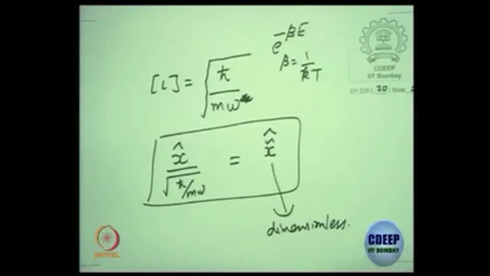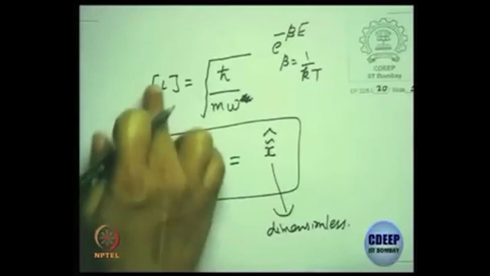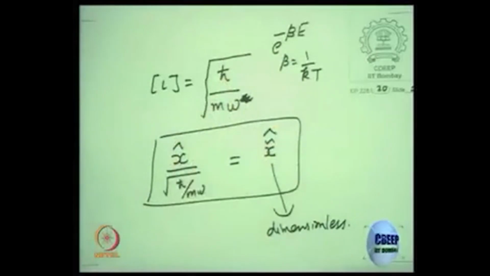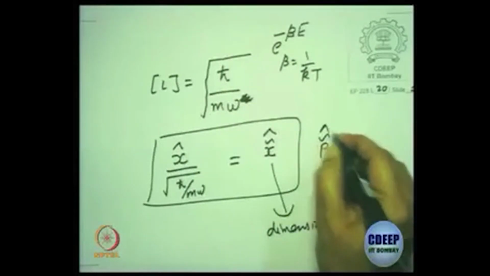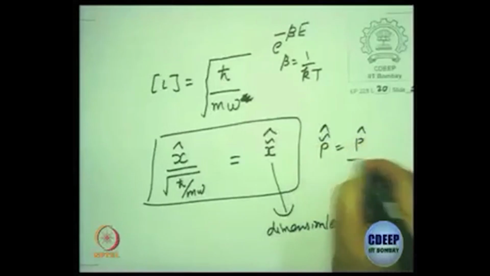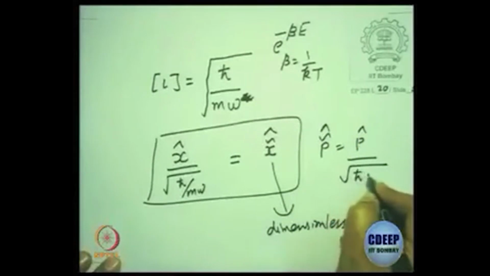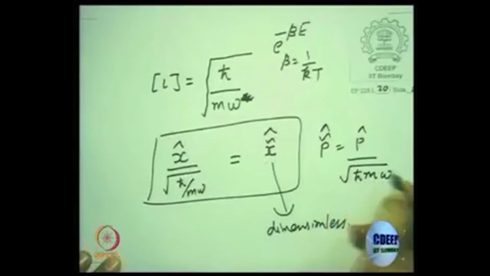Can we do a similar thing for momentum? Can you find a unit using h cross, m and omega which can give you momentum? P tilde hat will be P hat divided by root h bar m omega.